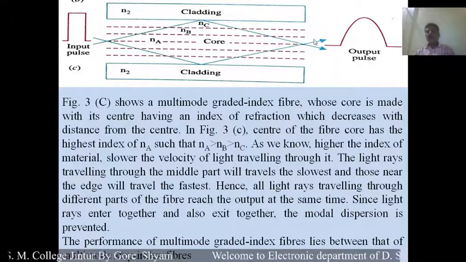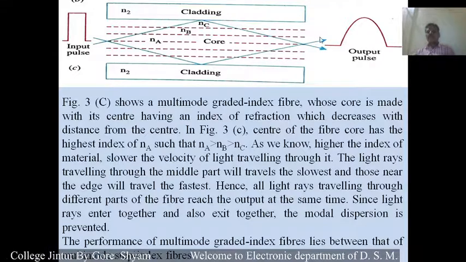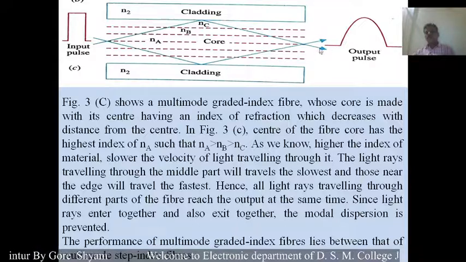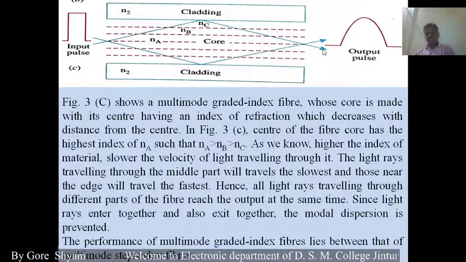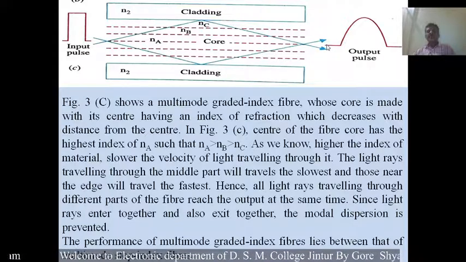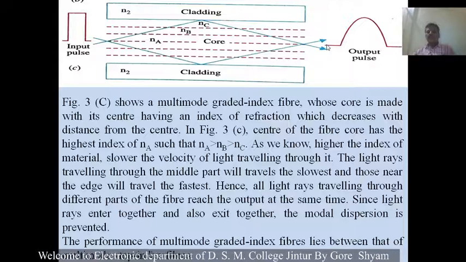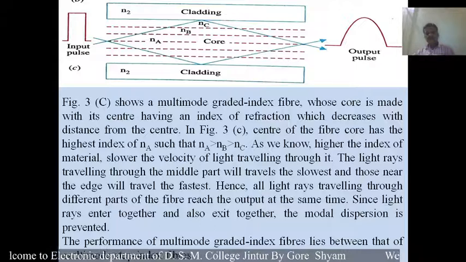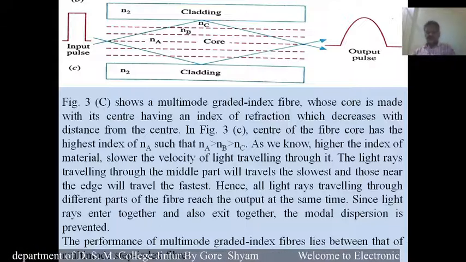Both the rays reach the output at the same time, and therefore the modal dispersion is reduced with the help of the multimode graded index fiber. Here the modes are different, means the paths for the light are different, and the refractive index of the core is also different.